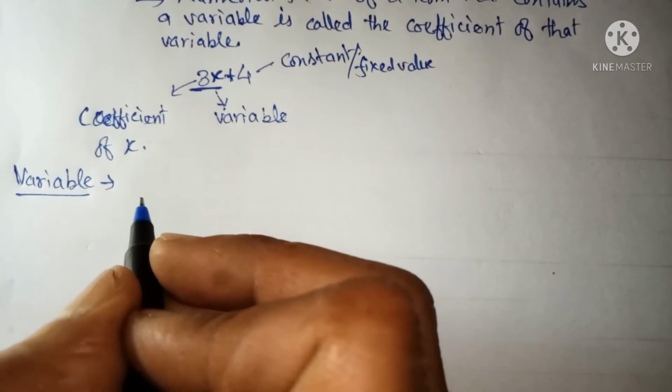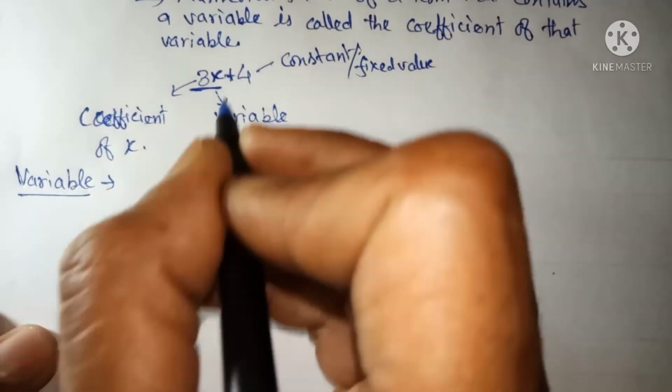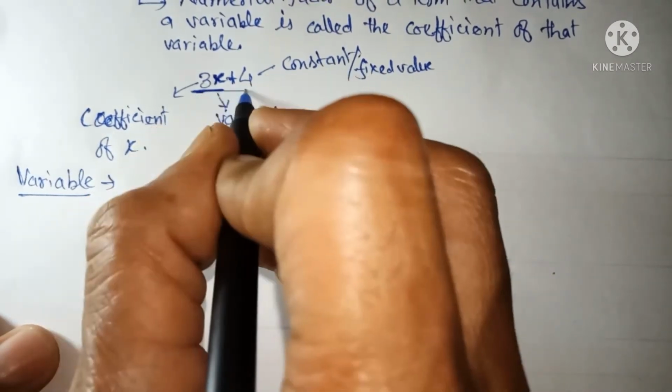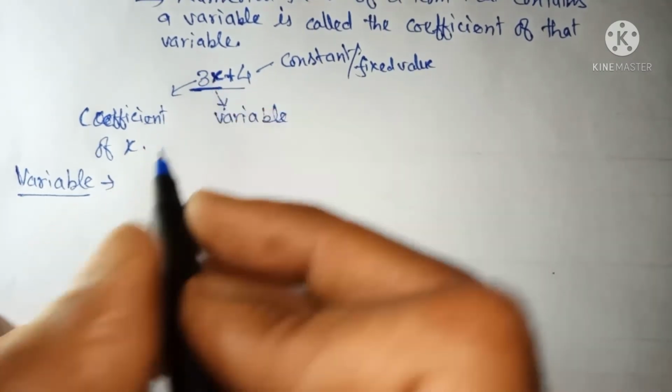Now we will try to define a variable. Here you are able to see this example 3x plus 4. Here we have x as a variable.